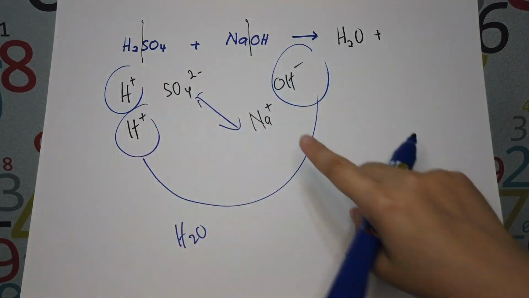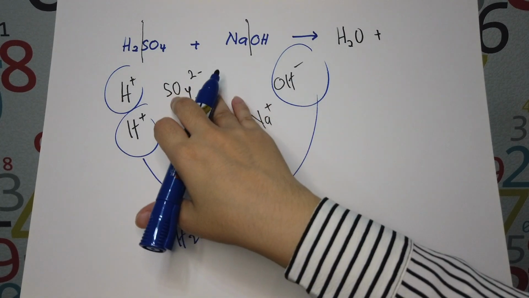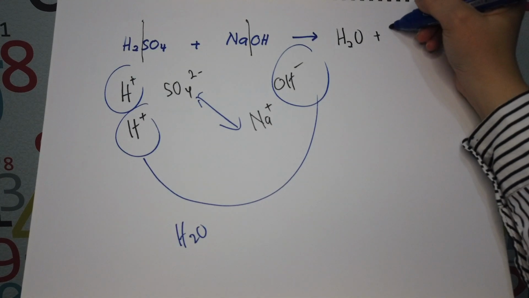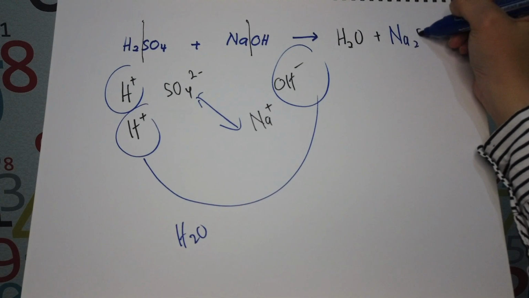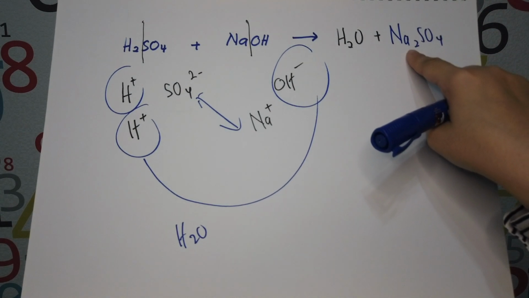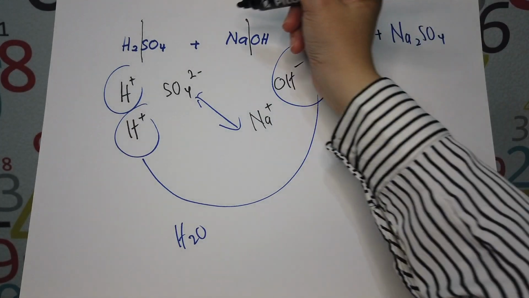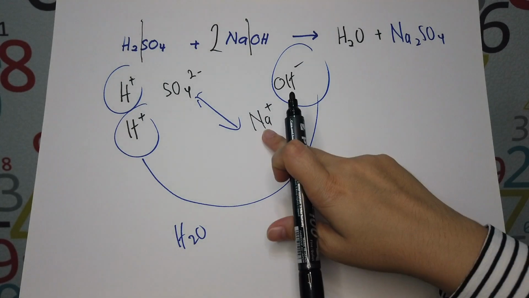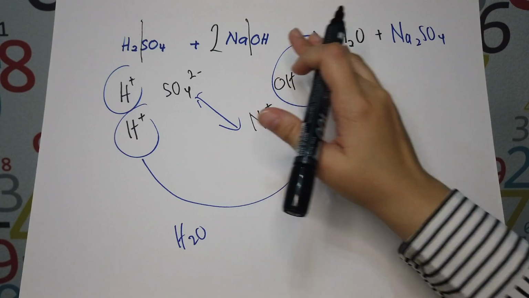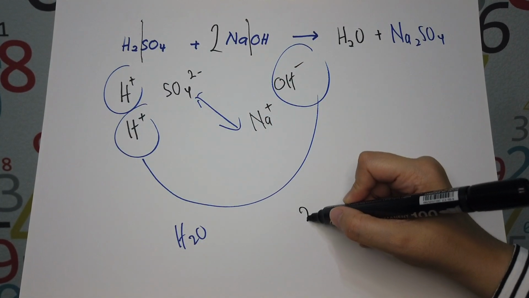Then for sodium, which is Na, in order for the Na to balance out with the SO4 2 minus, you need 2 sodium, so you will have Na2SO4. Since you have Na2, here at the moment you only have 1 Na, so you need to put 2 so that you will have 2 Na. Now we need to count again. Oxygen: here you will have 2 oxygen.